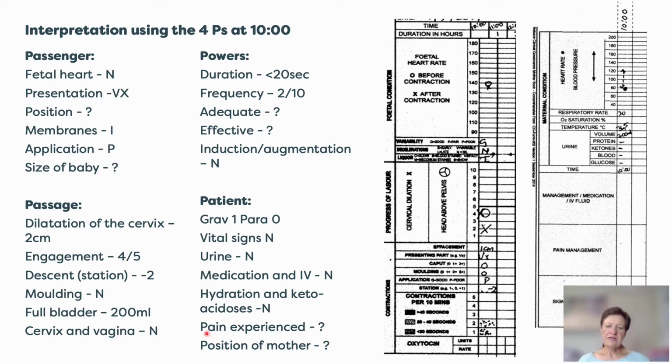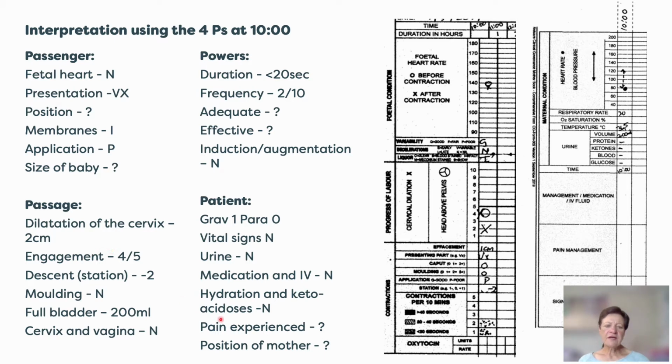Again then, when we determine what care measures we should take, and remember that list that I gave you on the previous slide, we need to determine what the position should be, whether we should mobilize her, and I would say definitely an upright position and mobilization because the head is so high.